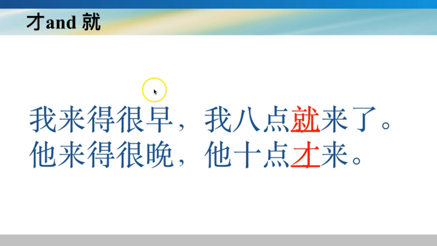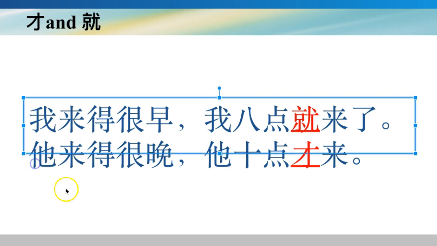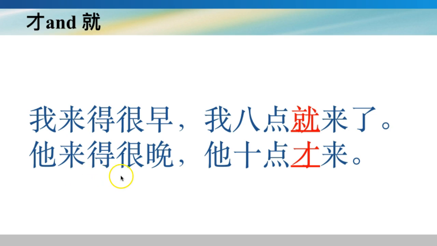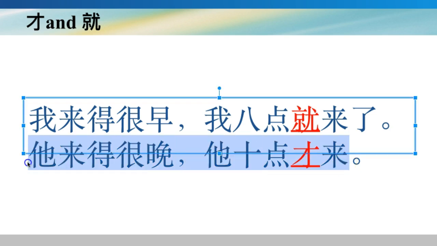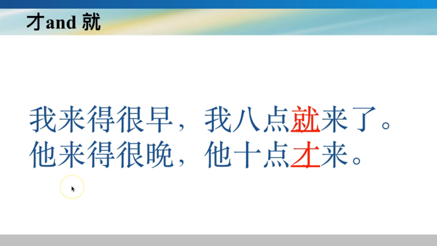I came really early, and as early as 8 had already come. This person says, 他来得很晚，他10点才来. He came really late. Only at 10 had he arrived. And there's no 了 in this 才 structure. So whenever you're using the word 才 in the past, there's no 了. Let's look at another example.